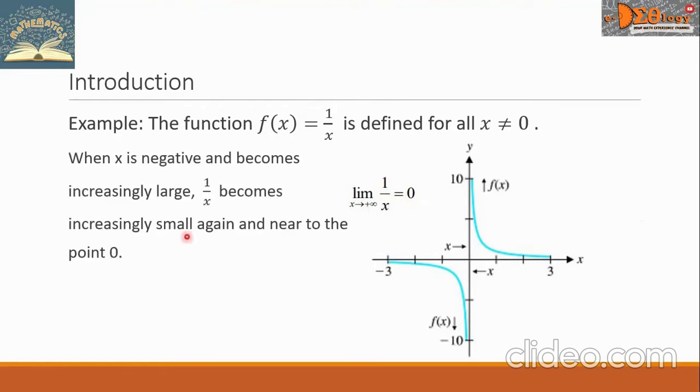Meanwhile, when x is negative and becomes increasingly large, the function 1 over x becomes increasingly small again and near to the point 0. And we write the limit of the function 1 over x as x approaches negative infinity equals 0.